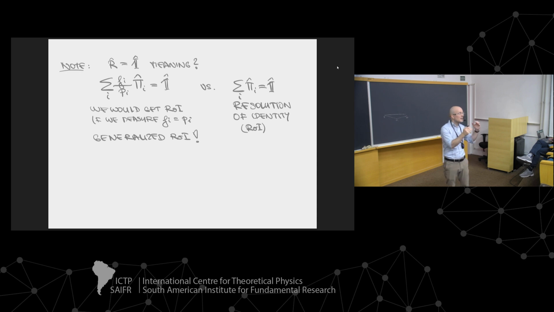It rescales, it makes weights to our measurement outputs based on their importance for the reconstruction of the given state. But okay, this is a little bit meta.